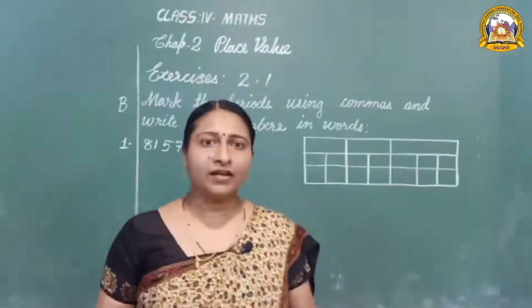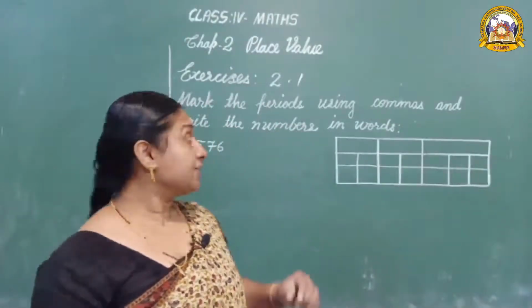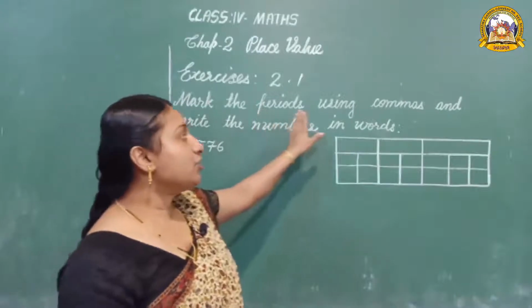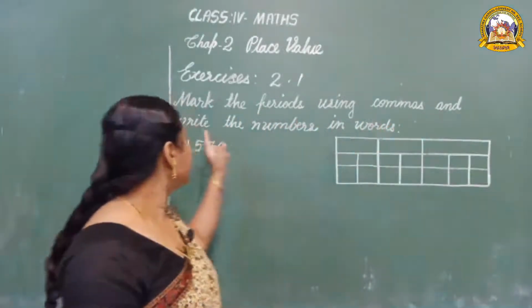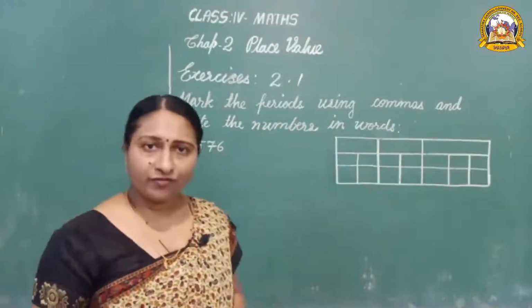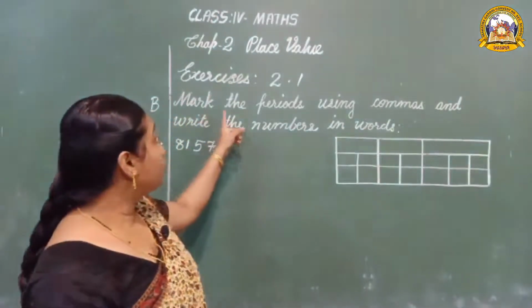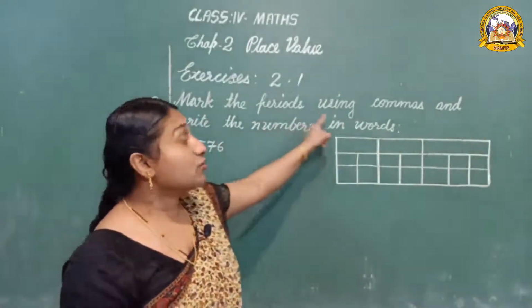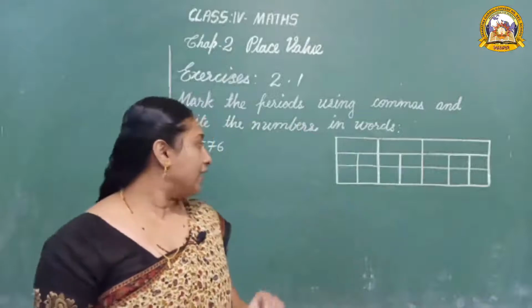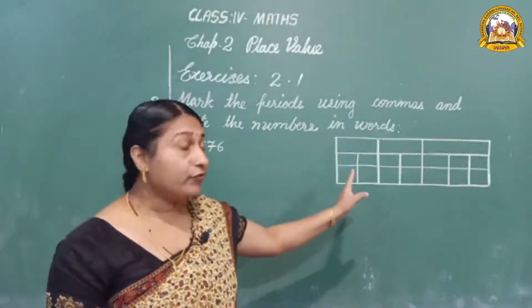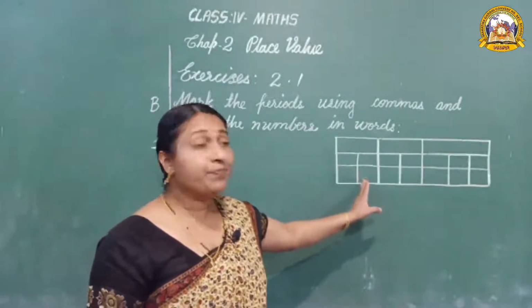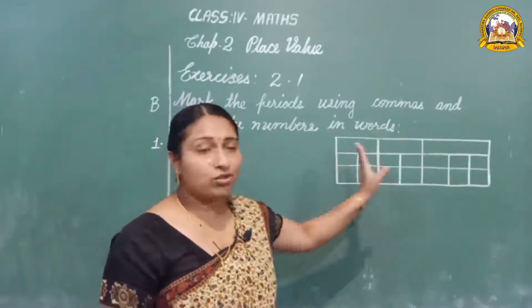Okay. Our next exercise is to mark the periods using commas and write the numbers in words. First we have to mark the periods using commas. As you know, first what should we do? We should make a place value chart.